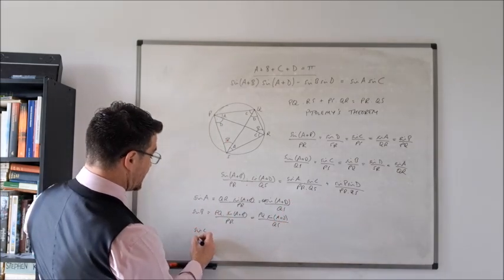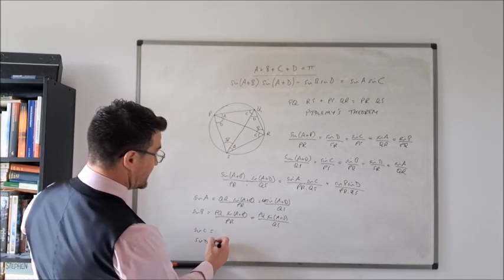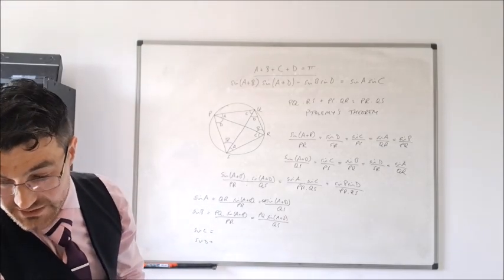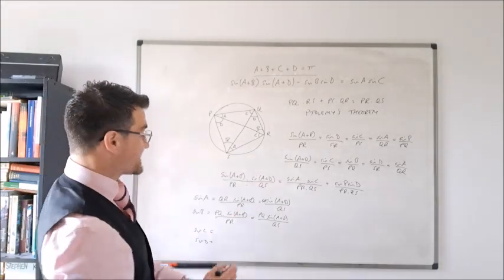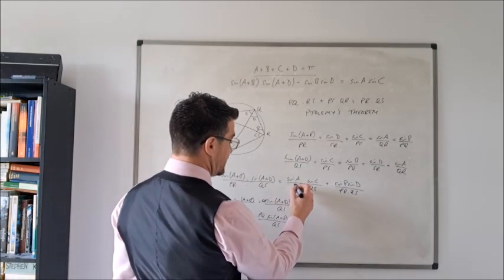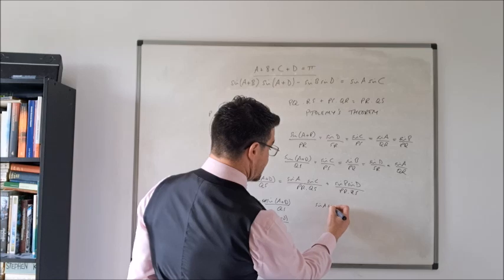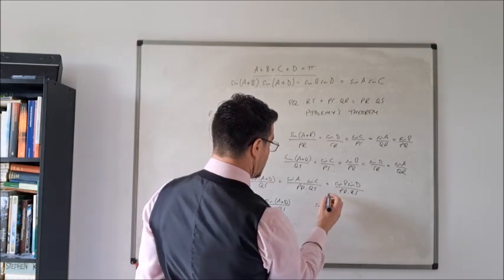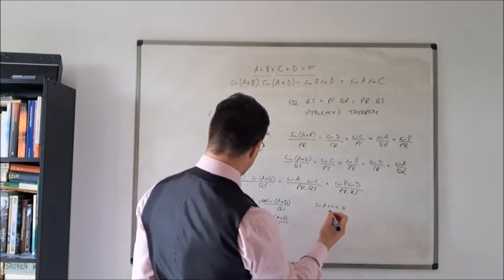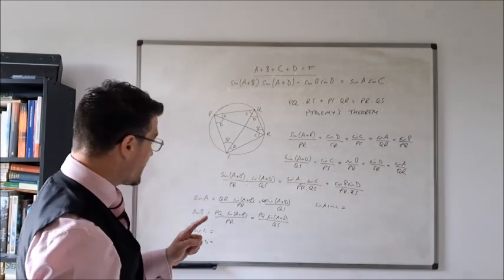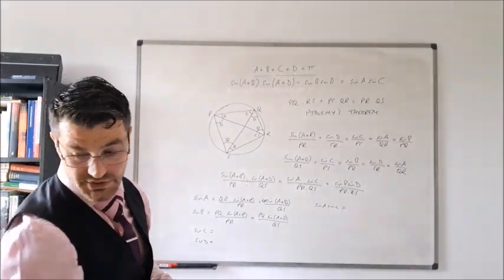So you get expressions for sine C and sine D in a similar way. And then you replace the sine A sine C, for example, and you've got to do it in the right way.